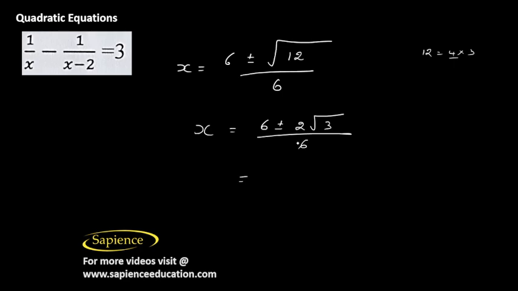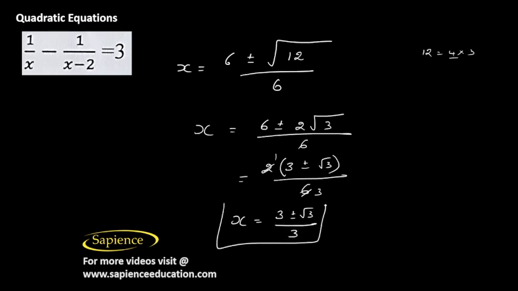Now both of these terms have a 2 common, so let's take the 2 common outside. 2 into 3 plus or minus root 3, and the denominator is 6. If we cancel with 2, we will get the value of x as 3 plus or minus root 3 divided by 3. The answer to this question is 3 plus or minus square root of 3 by 3.